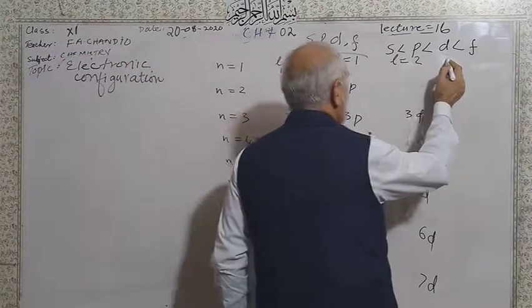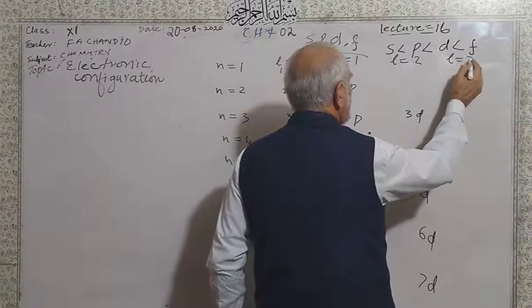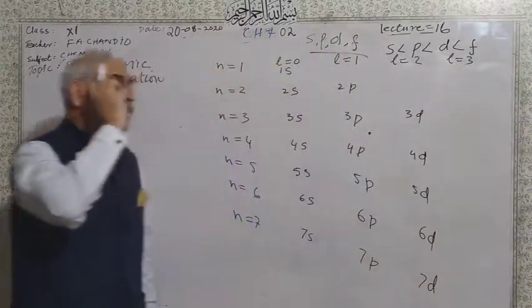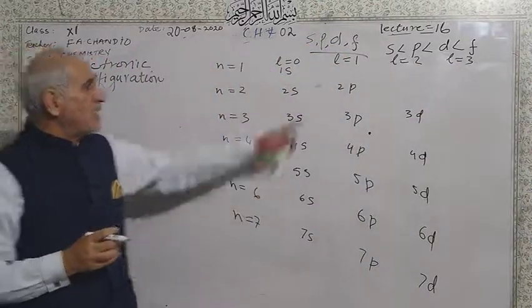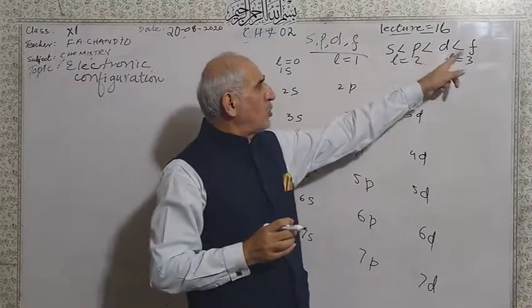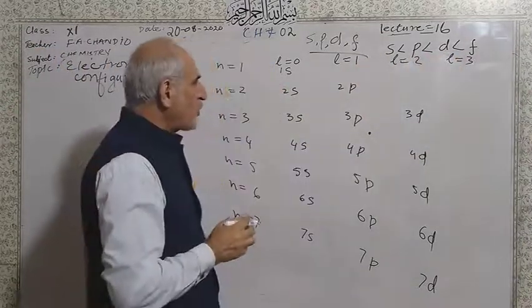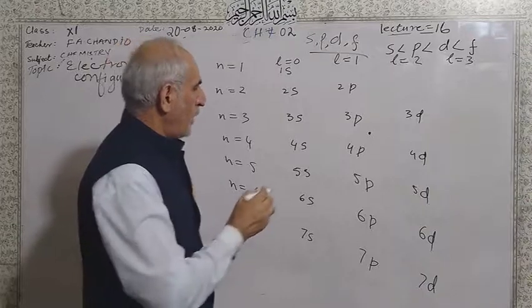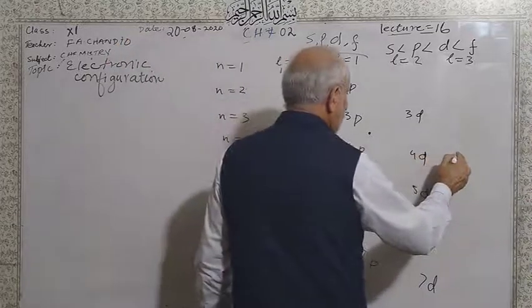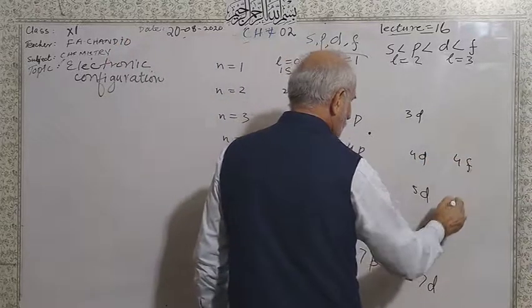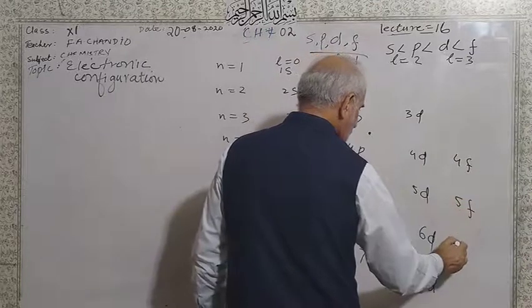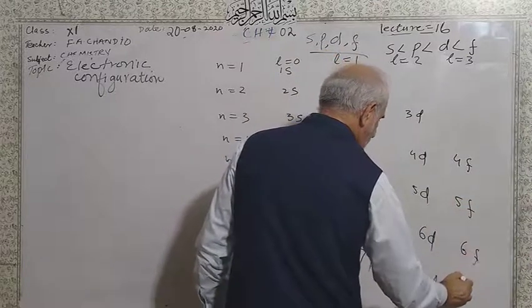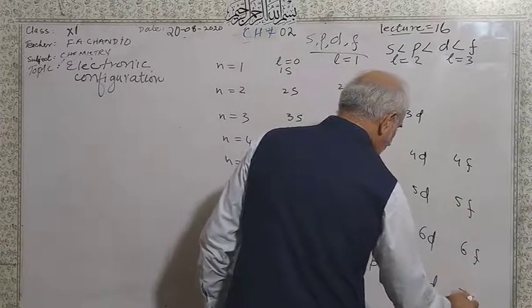And when L is equal to 3, we have an F. 0, 1, 2, 3. So F starts from 4. 4F, 5F, 6F, 7F.